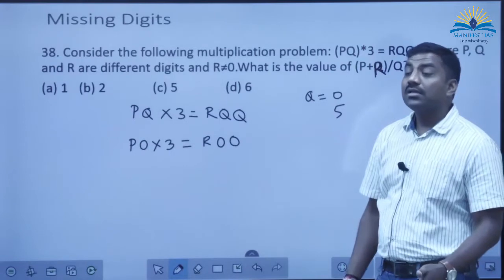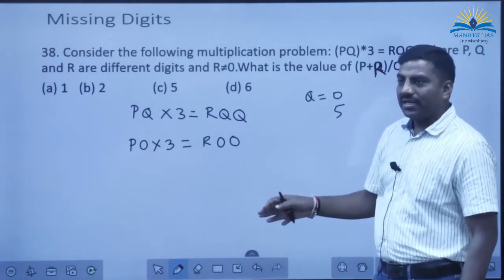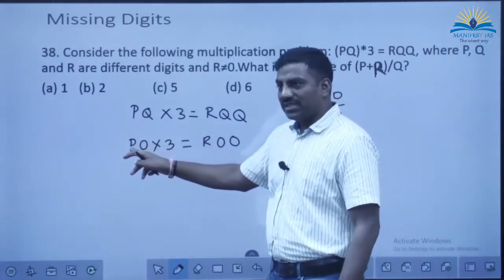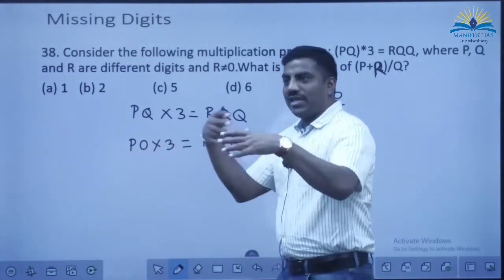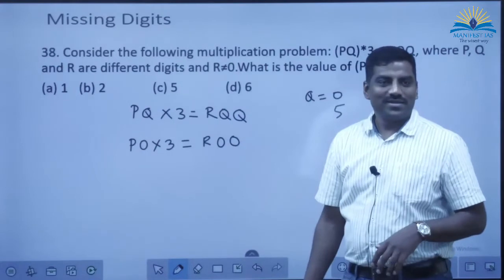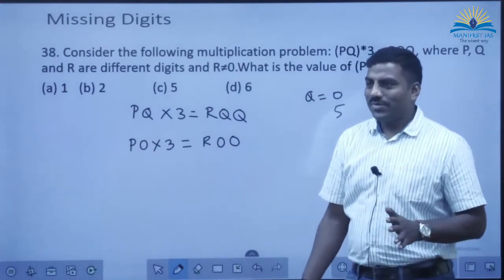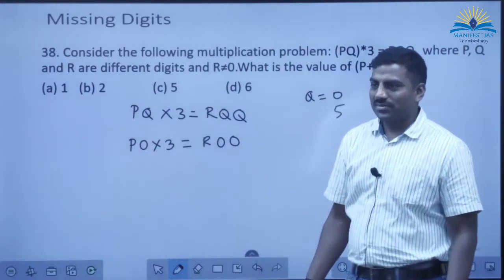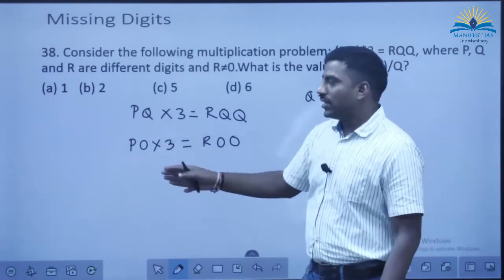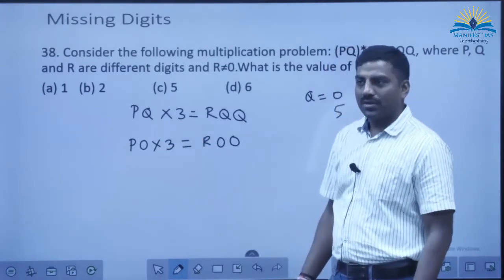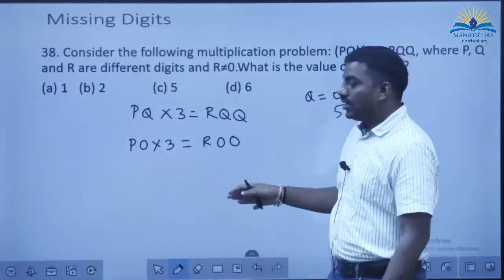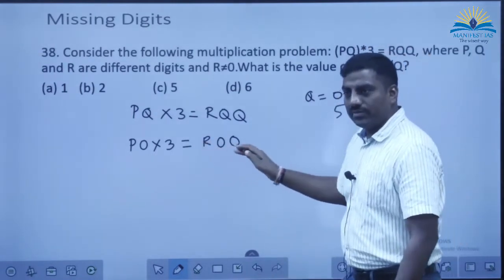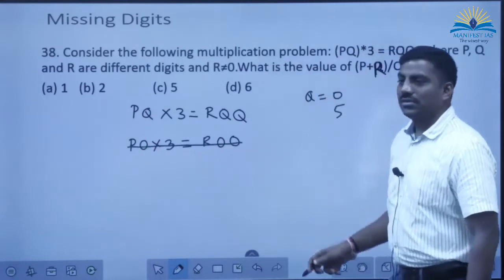If you assume this as 0, 3 into 0 is 0, this also 0, everything will be 0. So, 0 is not an option for us, for P. Correct? So finally, we are dropping the idea of 0 at all.